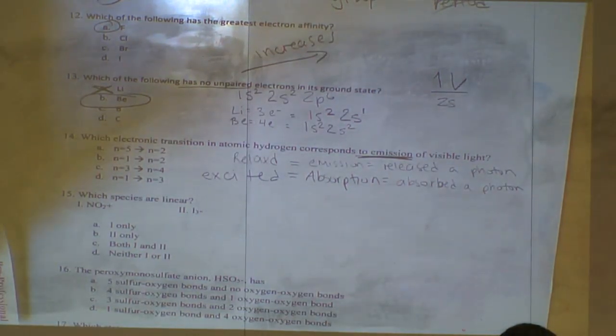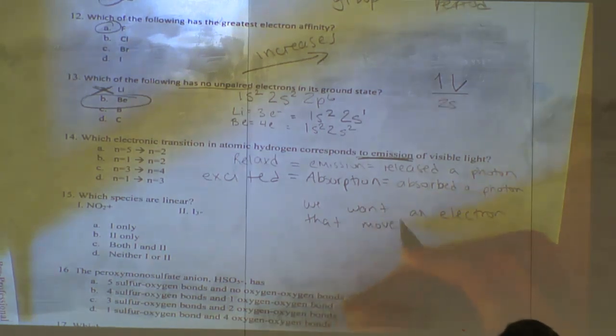So let's try to make some sense of these. It's a bunch of random ends and such, right? But if it wants emission, it wants relaxed. If an electron is getting relaxed, do you think it's going to come further away from the nucleus or come closer to the nucleus? Which one will it be more stable in? Closer or further? Closer.